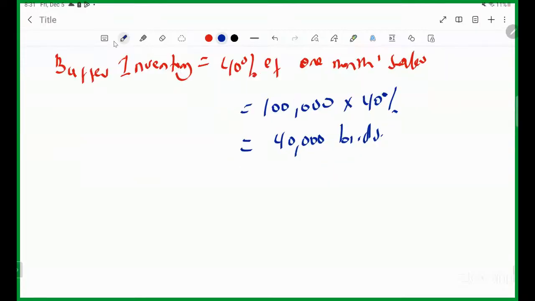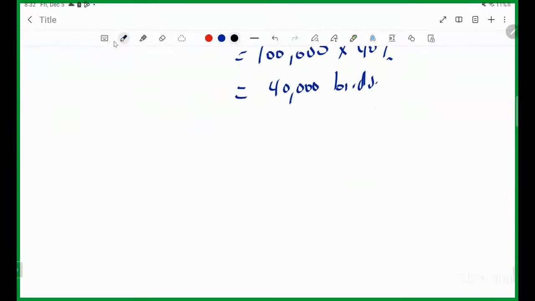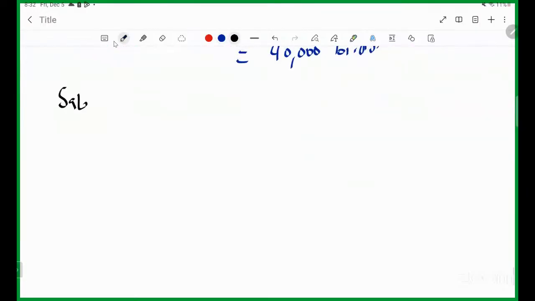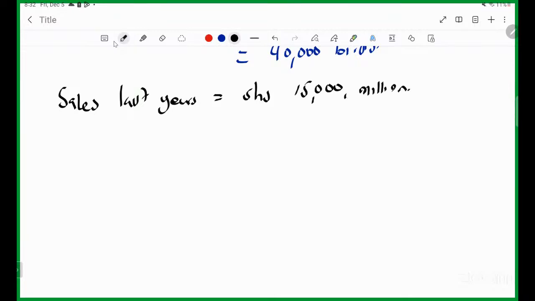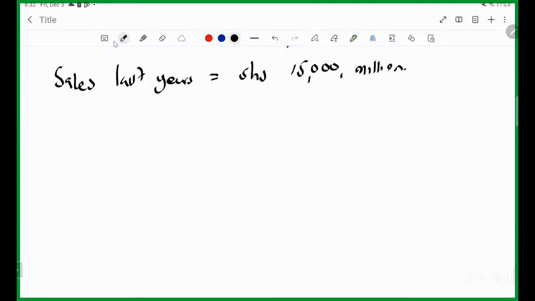And we even had the sales for last year, which amounted to, didn't they tell us 15 billion? 15 billion. We shall see where to use it from.